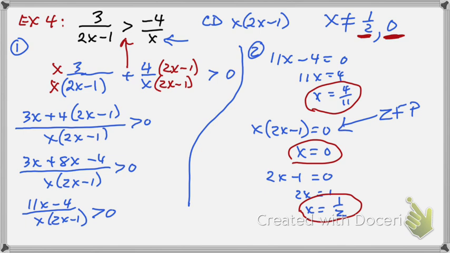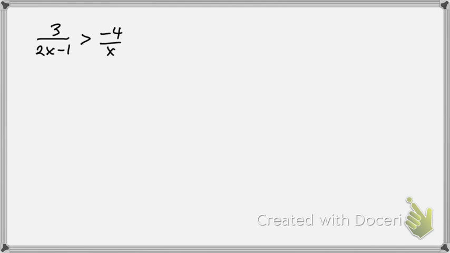So it's going to go what on the number line? 0, 4/11, a half. Can't be 0. Open dot. It can't be 4/11. Can't be a half. Y'all, we got 3 critical points. Look how many chunks it divides the number line into. 4.